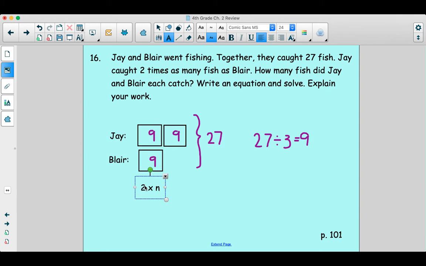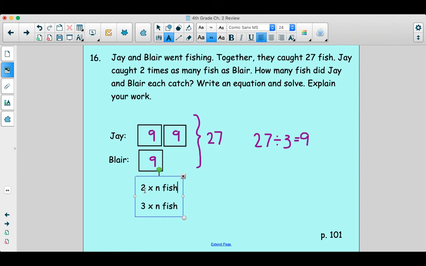So we could say 2 times N fish. And then together they caught 3 times N fish. I'm going to put fish up here too. Okay, so can you see Jay caught twice as many as Blair?